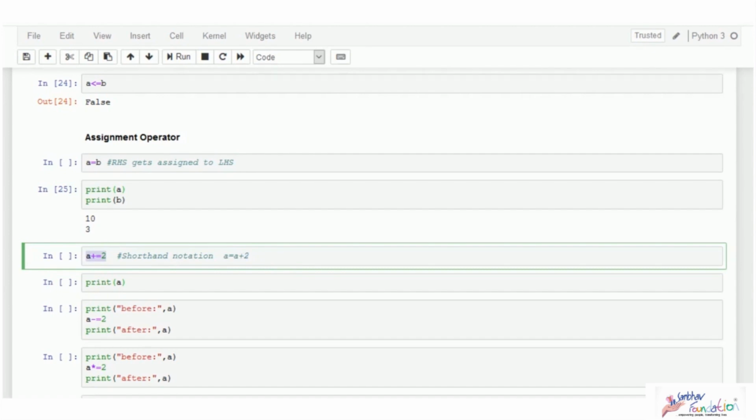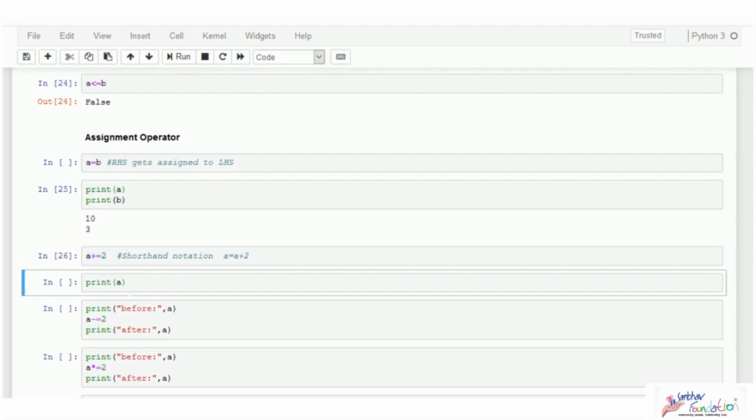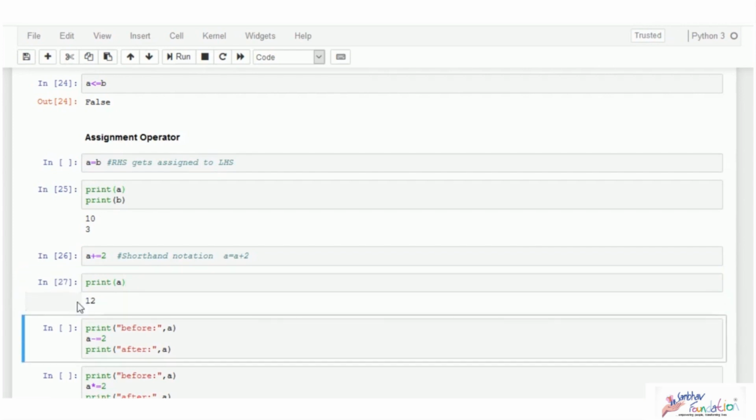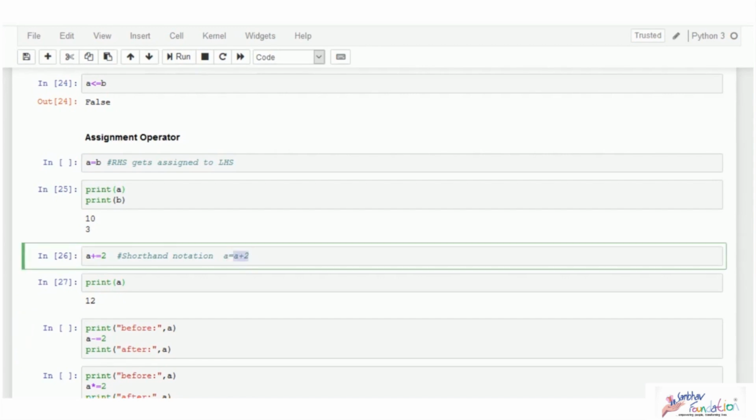This is called a shorthand notation, which is the same thing as A equal to A plus 2. So check the value of A now after running this. It is 12. Since A was 10 and we added 2 to it, the result was 12, and that 12 got assigned to A, right?